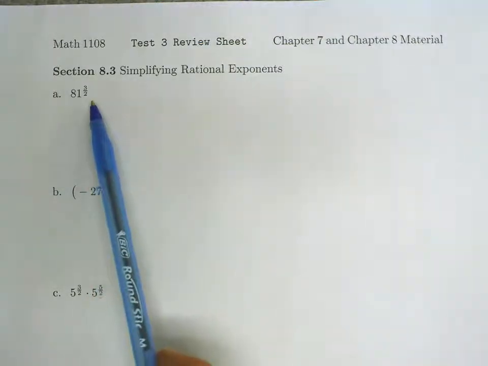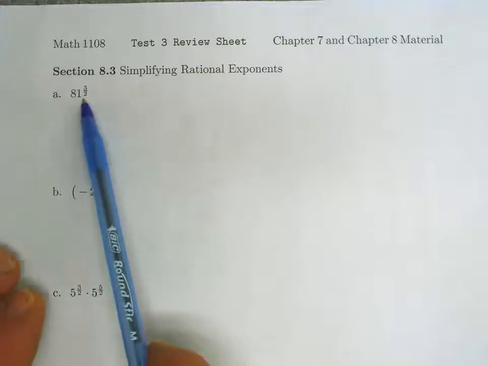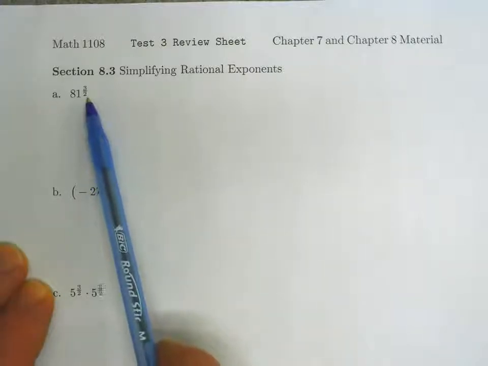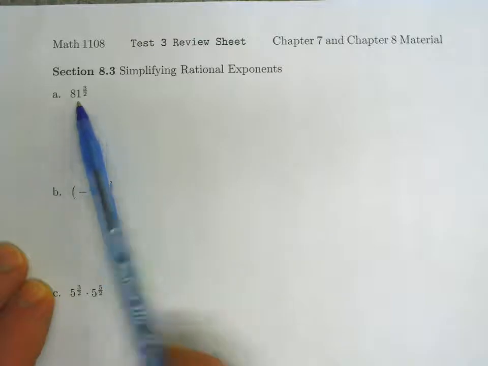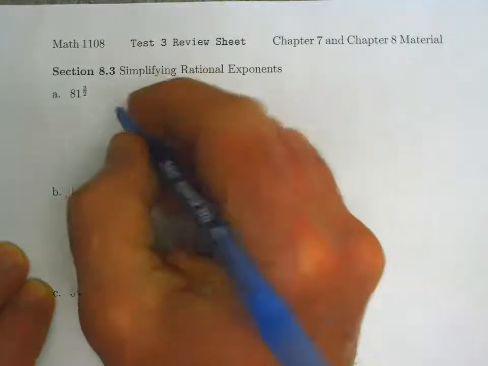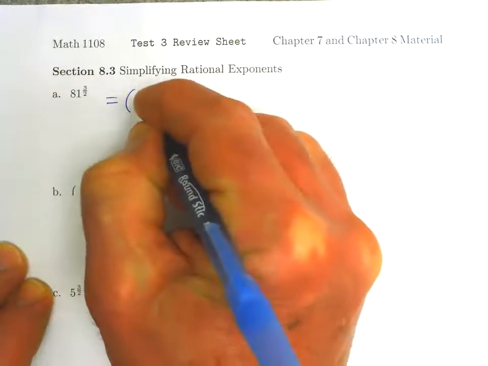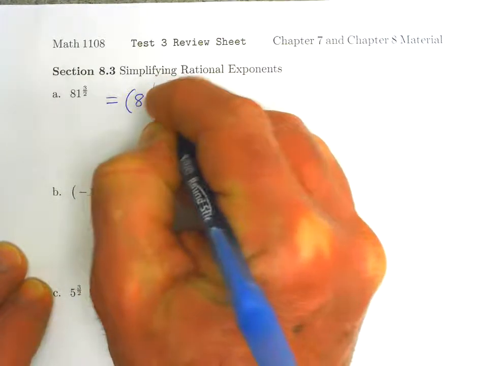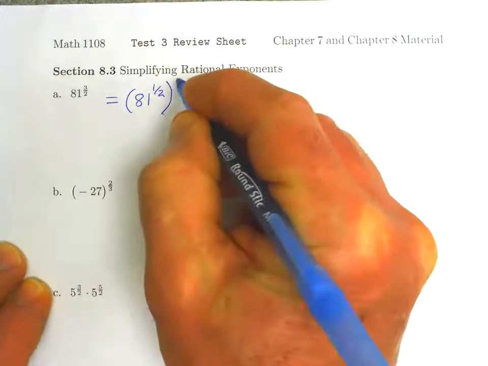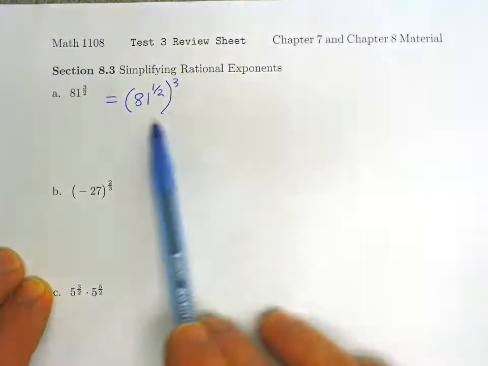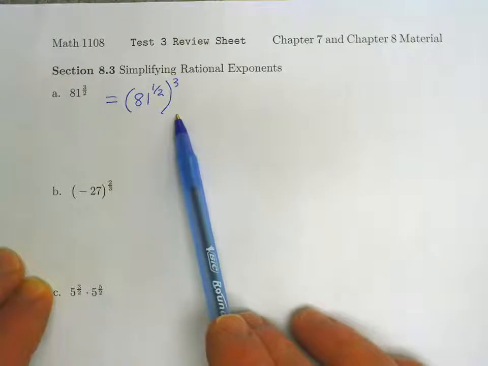So 81 to the exponent 3/2: the denominator of the exponent is 2, so that implies the square root. So we can rewrite 81 to the 3/2 as 81 to the 1/2 raised to the exponent 3.